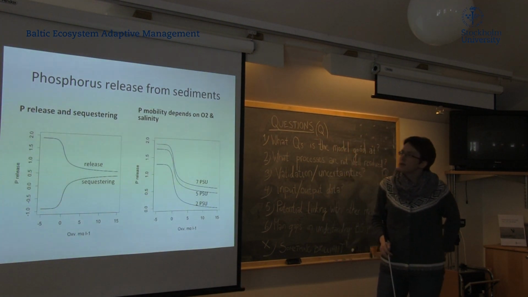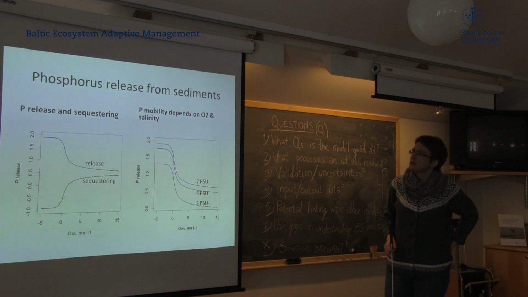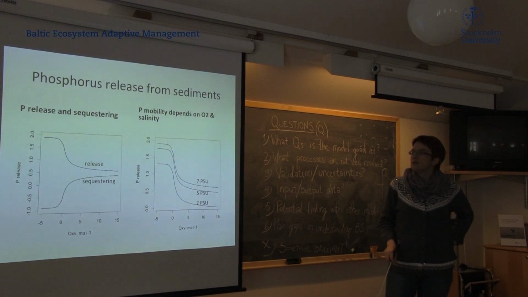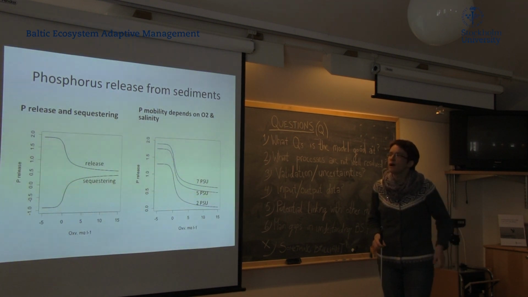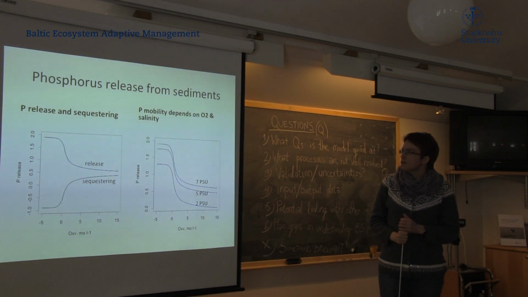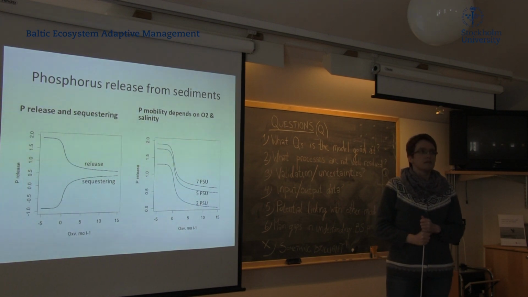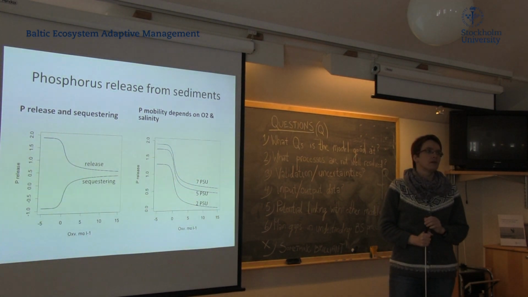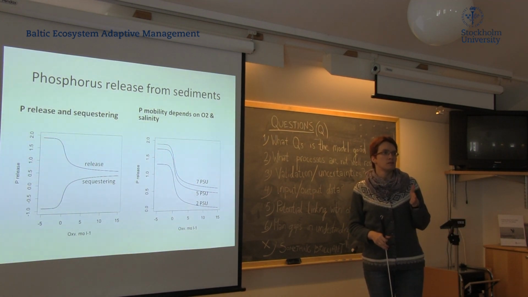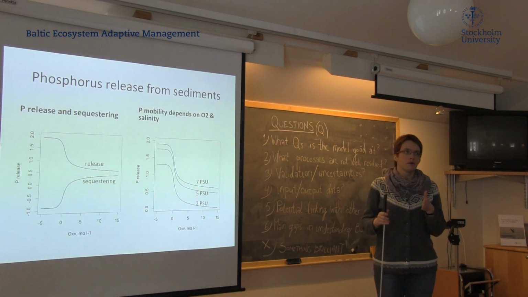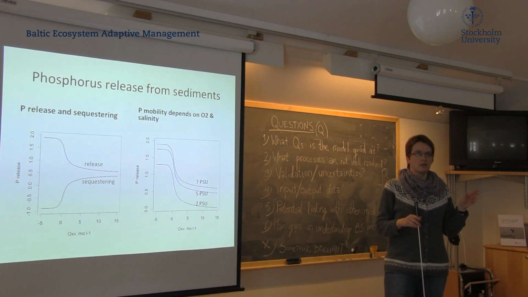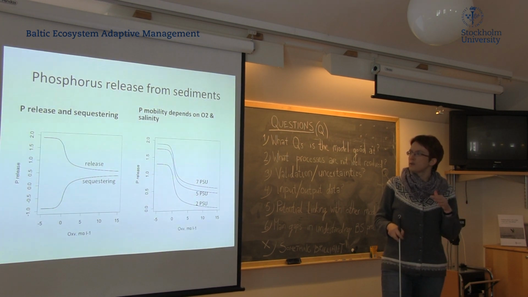And what we have also built into the BALTSEM sediments is that the phosphorus dynamics depends on salinity. This is a try to mimic that phosphorus has a different mobility in freshwater and in saline systems. If you remember, our model has to function in the Bothnian Bay, and it also has to function somewhere in the northern Kattegat, where you have very saline conditions, while in the Bothnian Bay you are almost in freshwater.